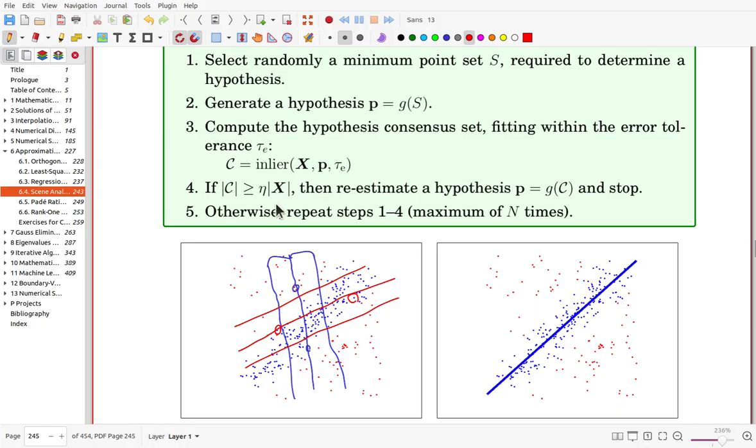What if we don't know this? Sometimes we don't know what portion is really inlier points. In this case, we do it this way. We do this iterative search, updating the number of points and keeping the larger one as we keep iterating.